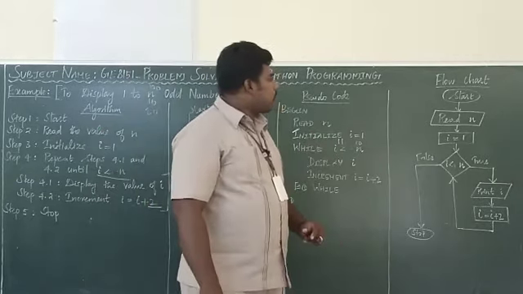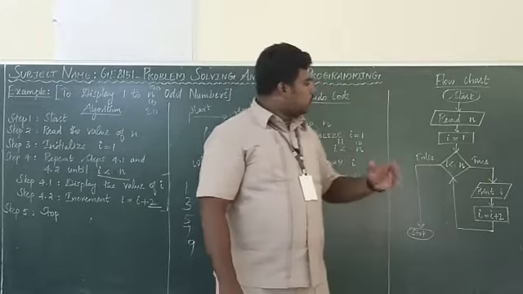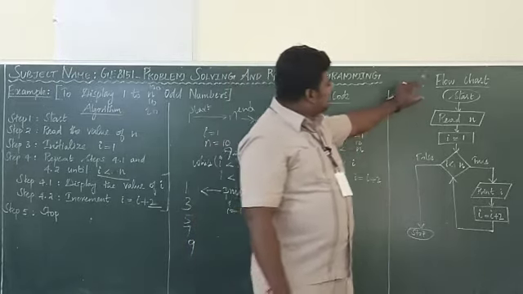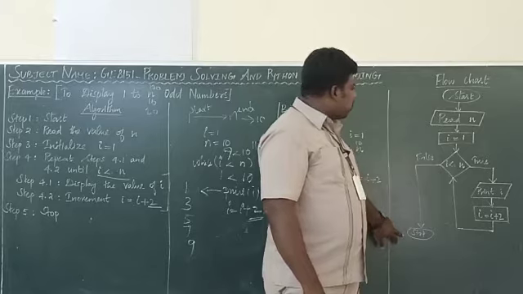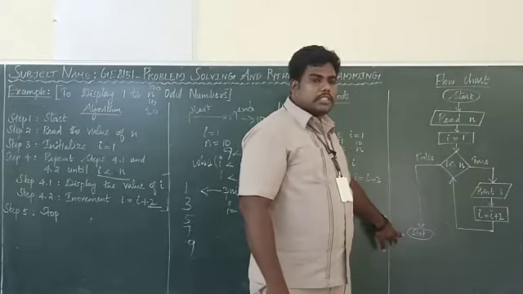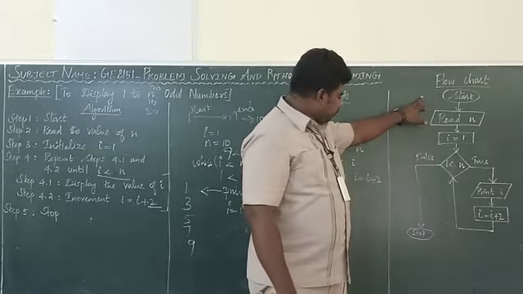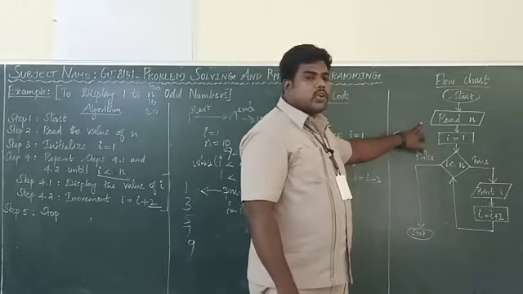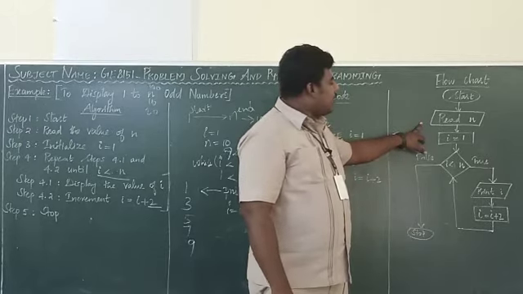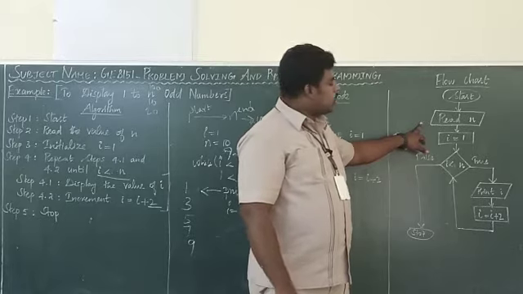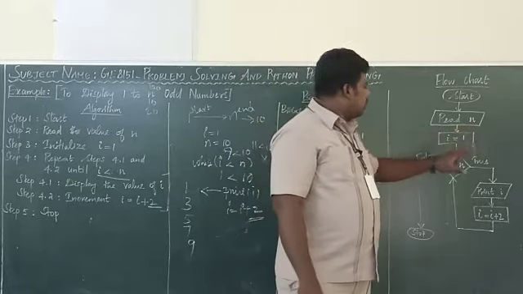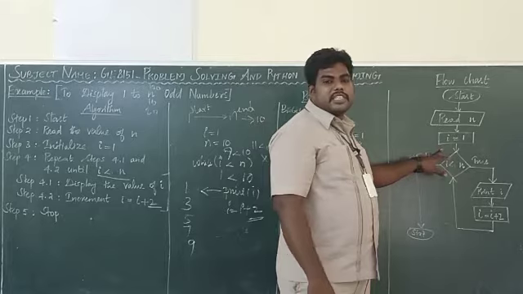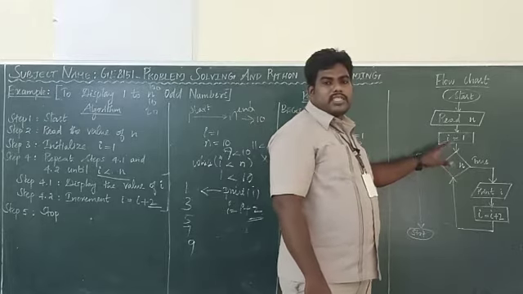The next one is the flowchart. The flowchart also follows the same logic. Instead of start and stop, you are using the oval symbol. The second one is getting the n value from the user. Then initializing the conditional variable. Why am I initializing here?